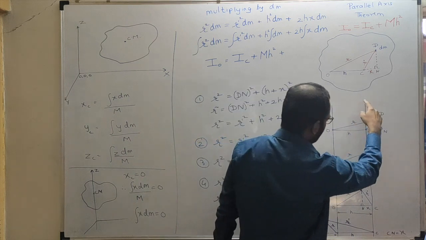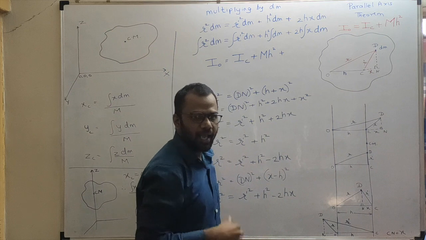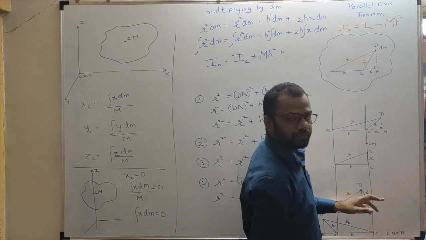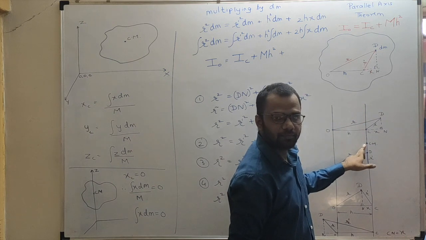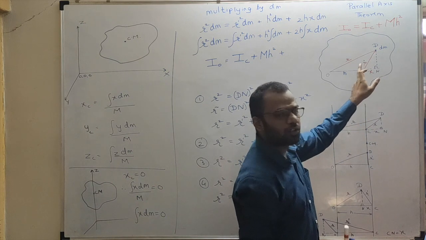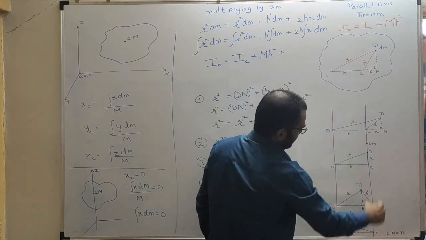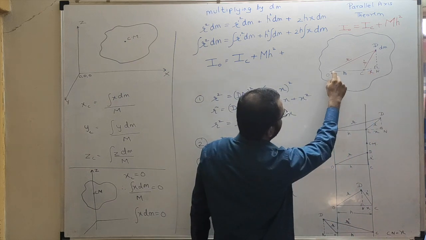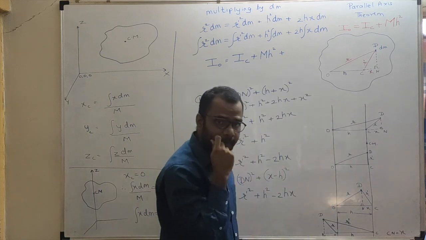So this is the axis passing through the point C. This is the axis passing through the point O. And as we have said, center of mass lies on the axis passing through the point C. So this is the center of mass, or this is the axis passing through the center of mass, and C is anywhere on that axis. So this is that axis, and this is this axis over here. So suppose center of mass is over here.